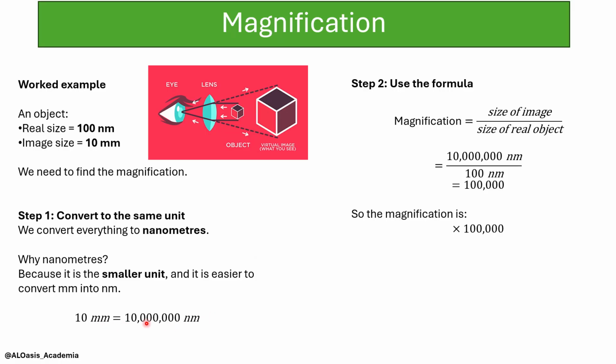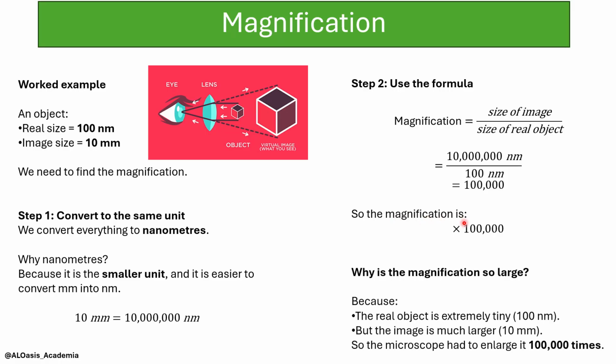Once you have converted all the values to the same units, then you just use the formula and plug in all the values. So for the size of the image, you don't plug in the 10 millimeters, you plug in the 10 million nanometers, because we have converted it by times 10 to the 6, and then divide it by the real size of the object, which is 100 nanometers, and this gives you 100,000, which means that the magnification is 100,000.